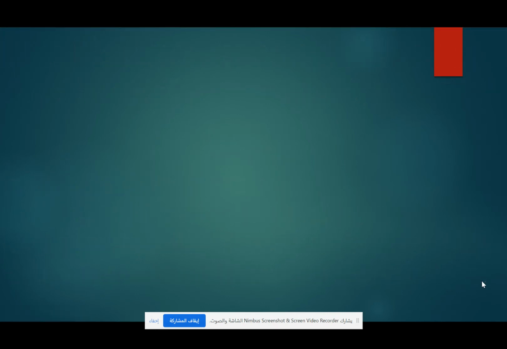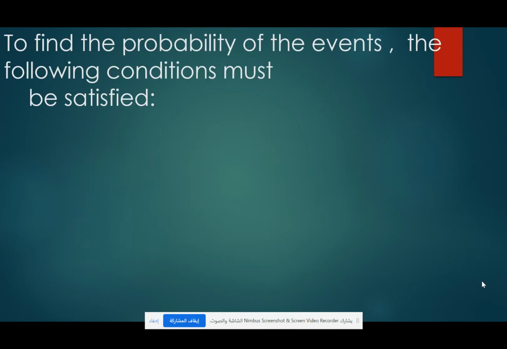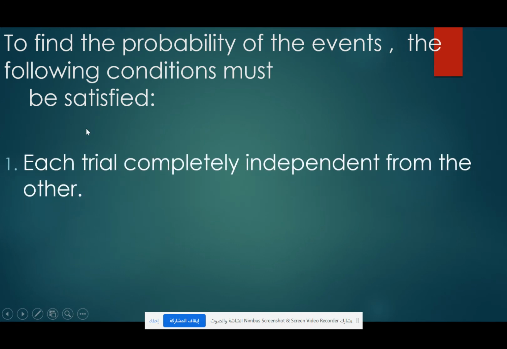Now let's have some conditions about using this probability. To find the probability of the events, the following conditions must be satisfied. One: each trial is completely independent from the other. Independence means that each event can't affect the other, or does not depend on the other.